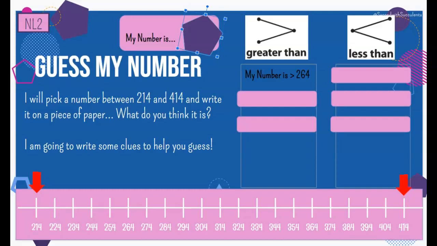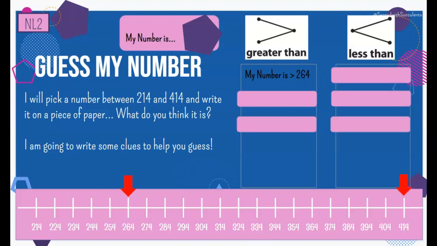My first clue is my number is greater than 264. Remember, our greater than symbol can be thought of as a little monster that always wants to eat the bigger number. So my number is bigger or greater than 264. I'm going to move my red arrow over to 264. That will help us when we get really, really close.